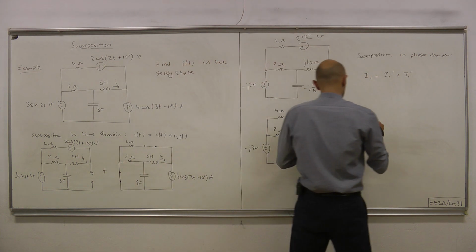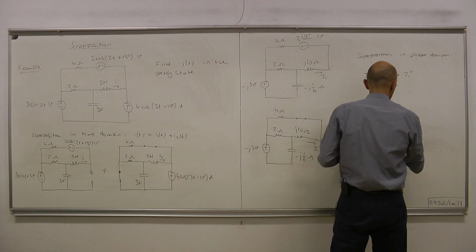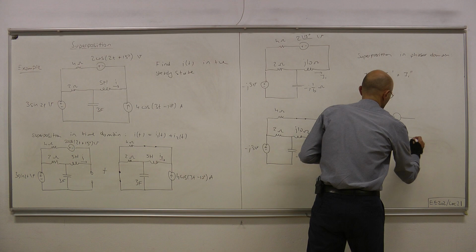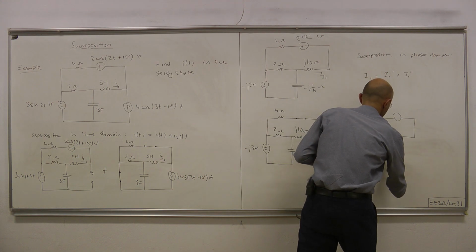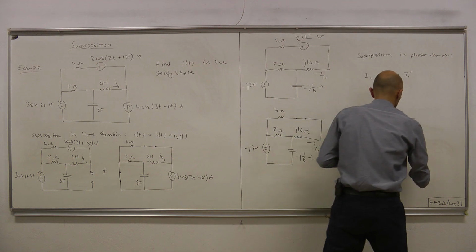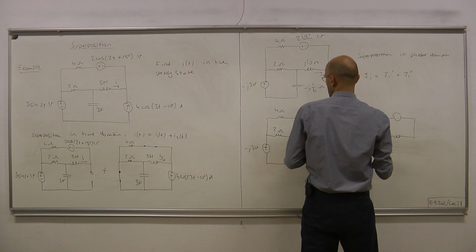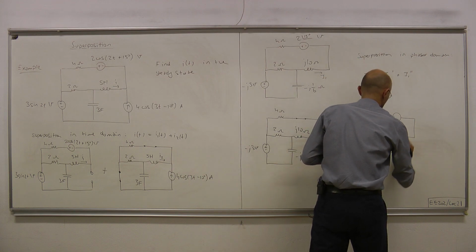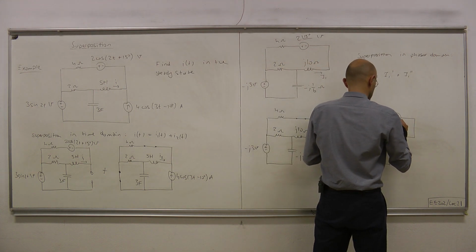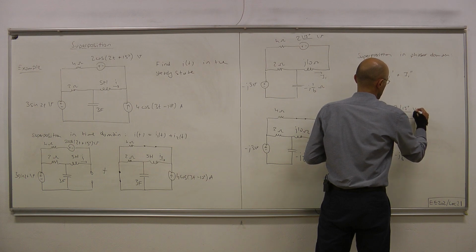And we can do the same thing to the other source. 4 ohm, 2 ohms, J 10 ohms, minus J 1 over 6 ohms. And this is plus minus 15 degrees volts.